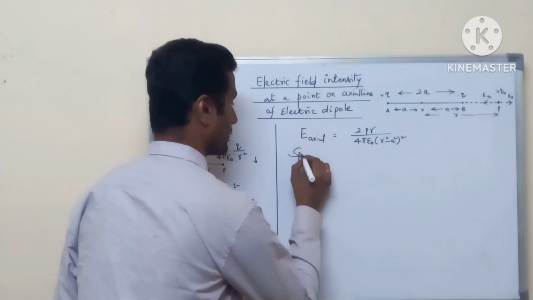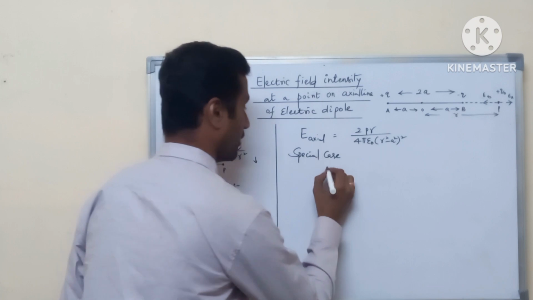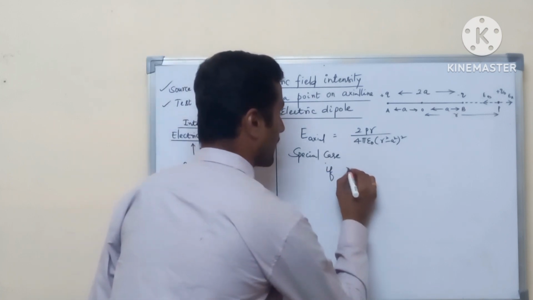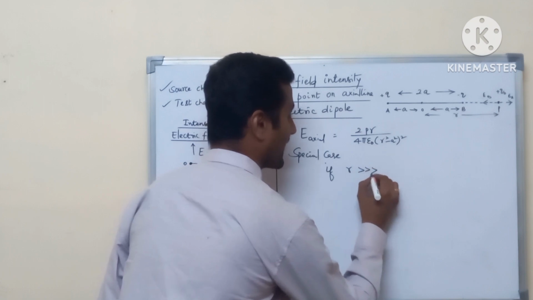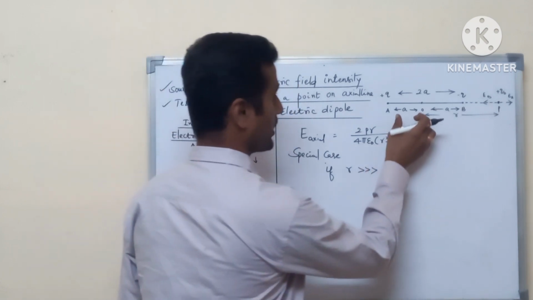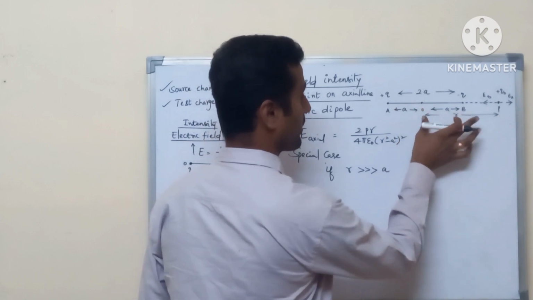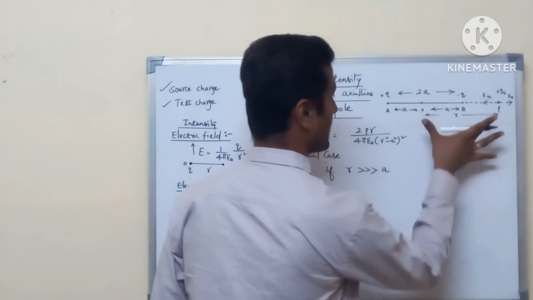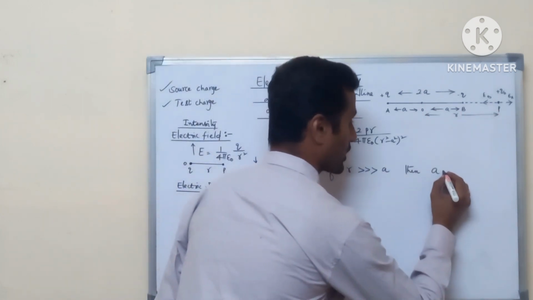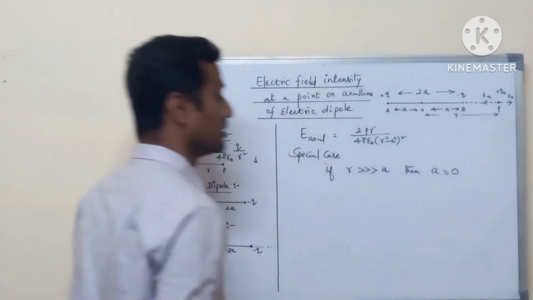Special case. If r is very much greater than a, that is, as compared to the distance a, the distance from O to P is very much greater, then we can take an approximation that a is approximately equal to 0.